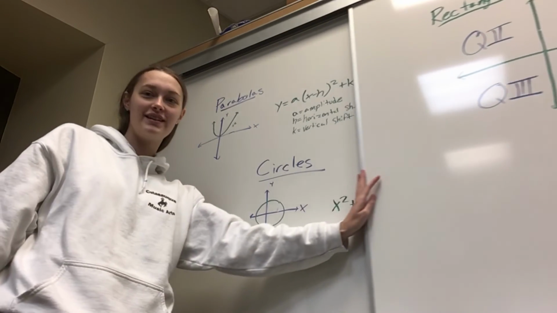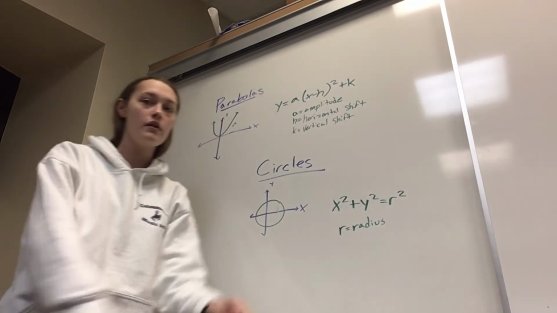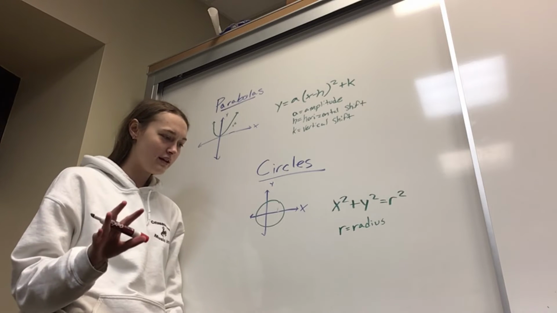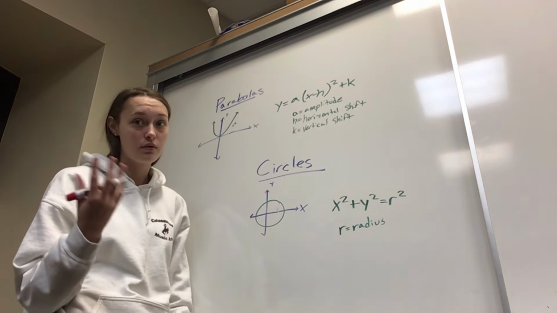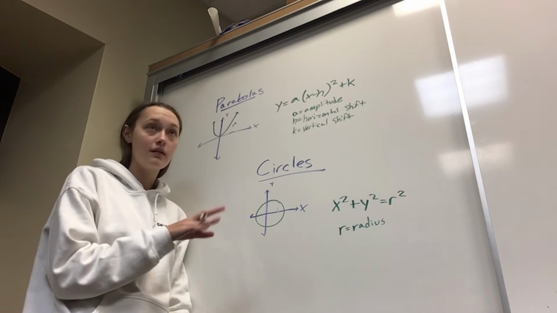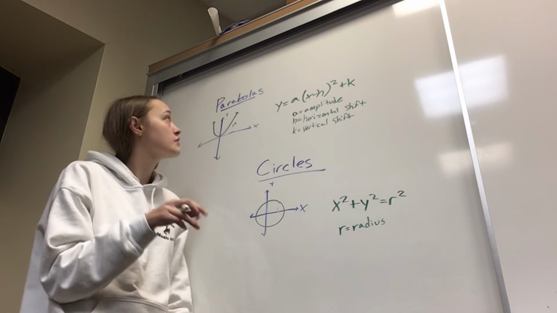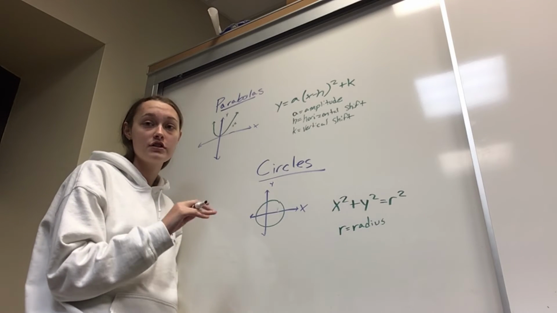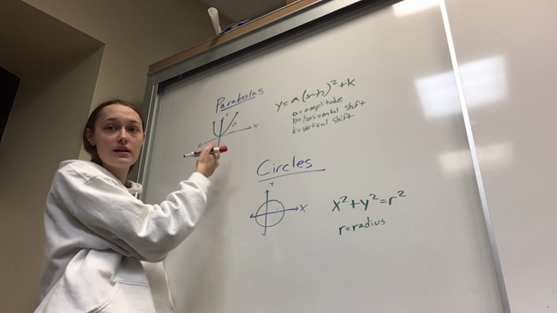Moving on, we have parabolas and circles. You do need to know this for pre-calculus, but we'll go more in depth with it later in these videos. So parabolas, the basic parent function is just x squared, and they look like this.